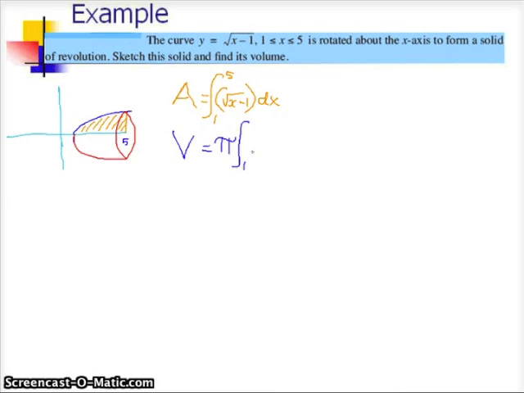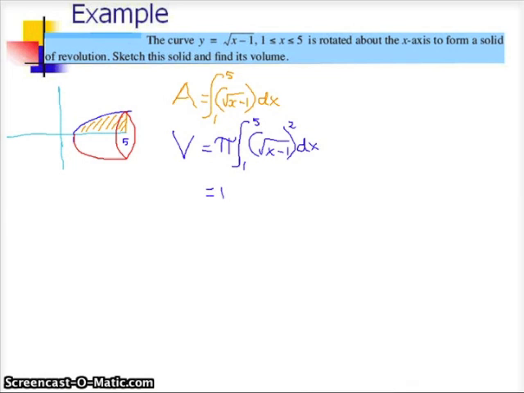So pi times the integral from 1 to 5 of the square root of x minus 1 with respect to x. Oh, and we need to square this. So not a huge difference between the two formulas. Let's just go ahead and calculate this.